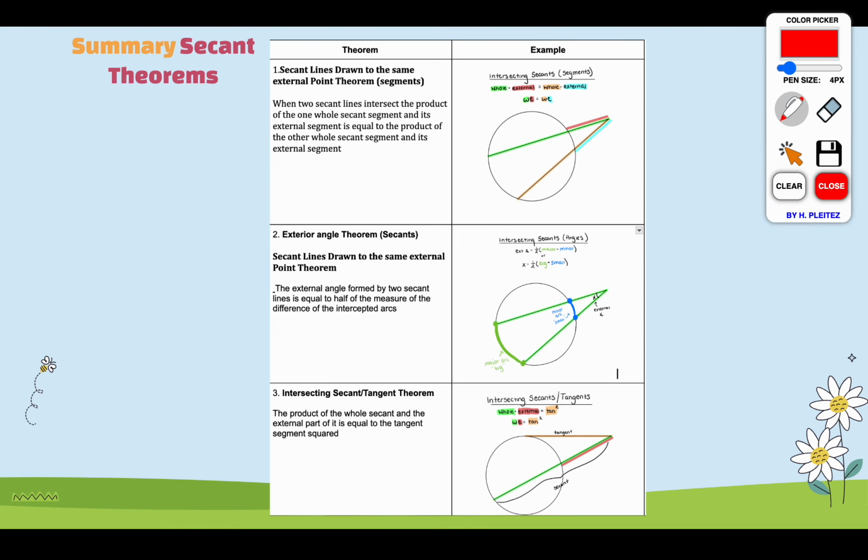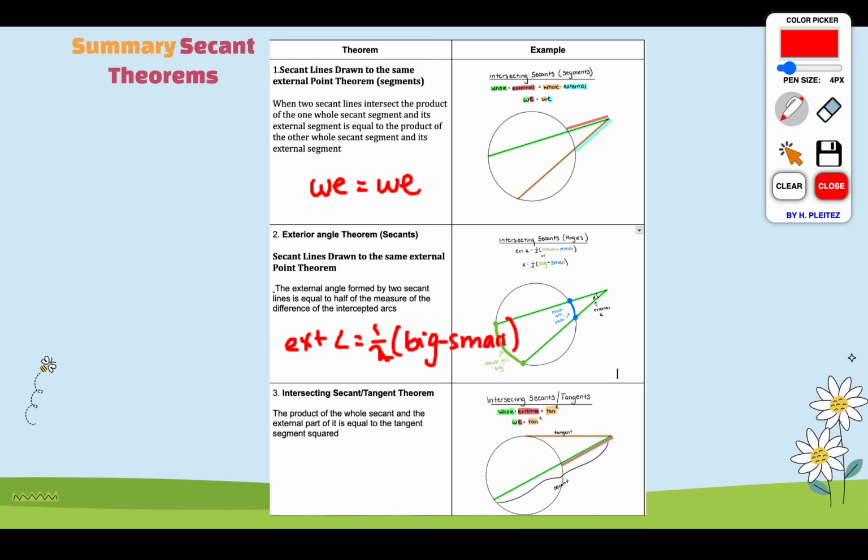All right, so to summarize, we have 3 different theorems and concepts that we're working with throughout this lesson. When we have secant lines that are drawn to the same point, remember the formula we need is WE, where we have whole times external equals whole times external. Then we have the exterior angle theorem for secants, right? Where we have our exterior angle equals 1/2 of big minus small, and that's talking about the arcs, right?